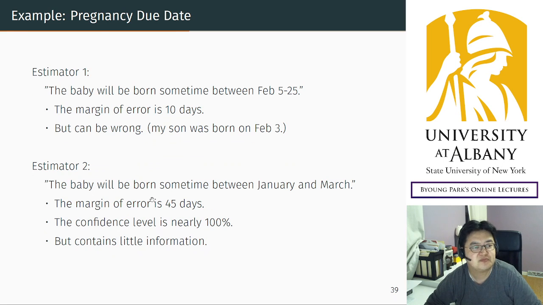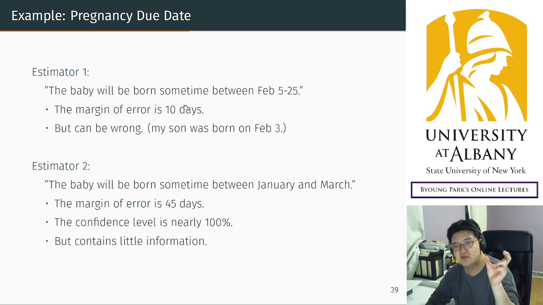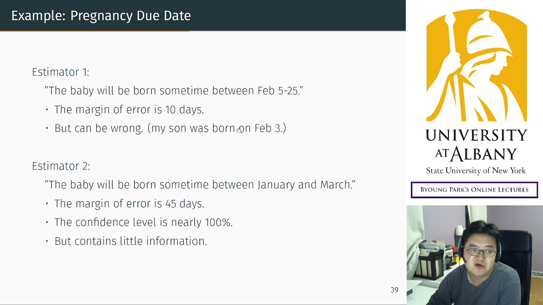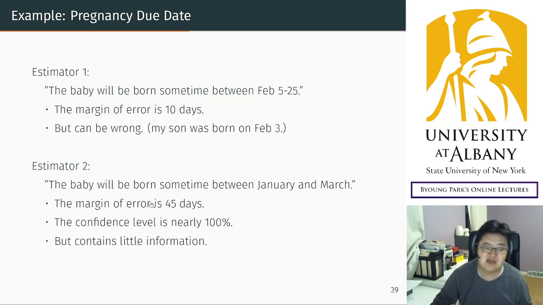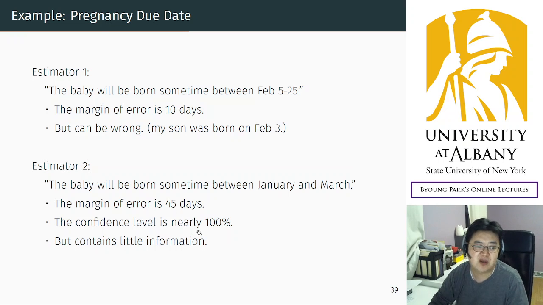So it is a trade-off. Estimator 1 has the margin of error of 10 days, but it may be wrong. Actually, my son was born earlier. But estimator 2 cannot be wrong. Nearly 100% it will be correct, but it's not informative.